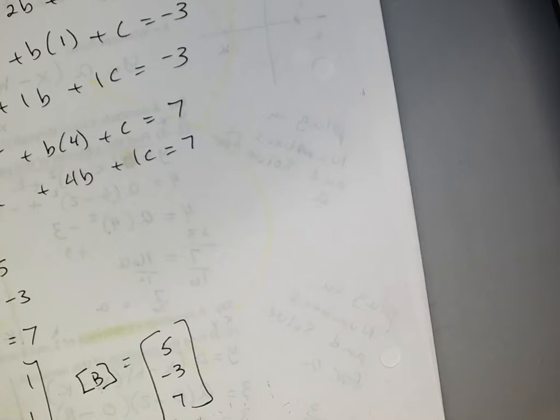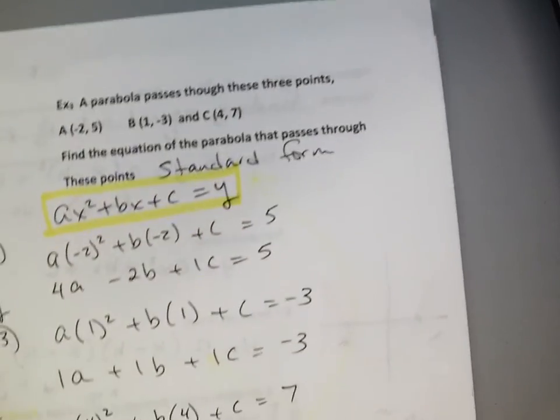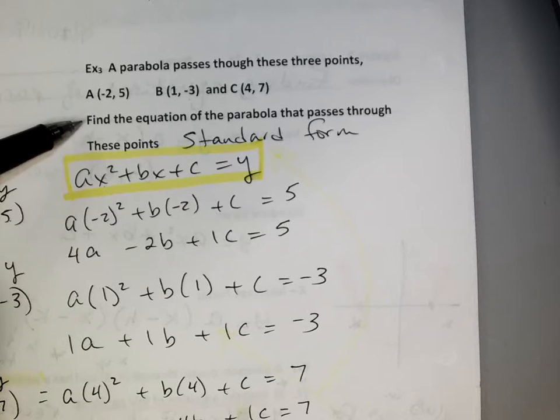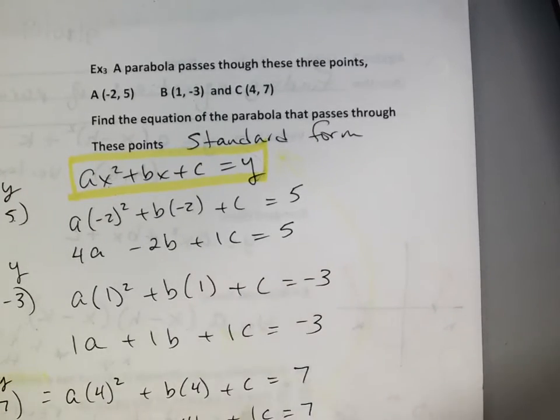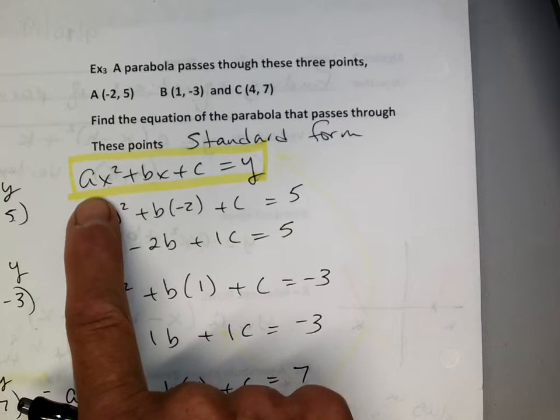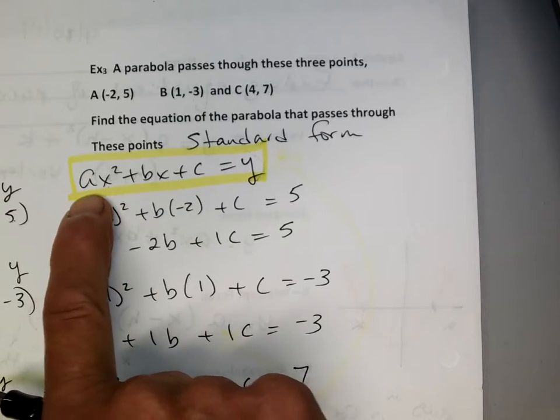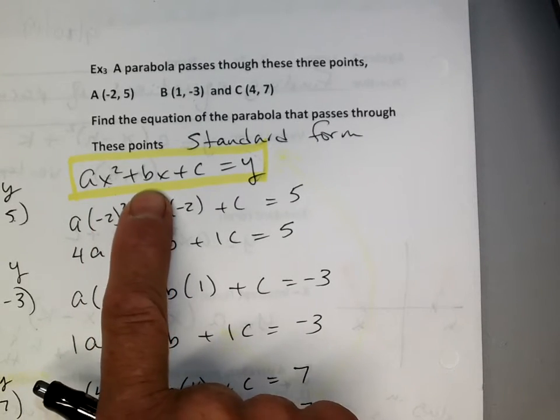No. What are we trying to do? Let's go back to the question. What's the question say? Find the equation of the parabola. Yeah. So okay. Well, what did I highlight? My standard form, right? But what did I find? I found A, I found B, and I found C.